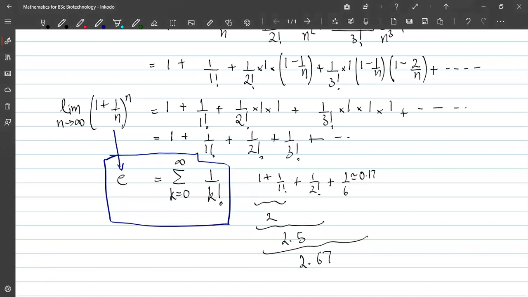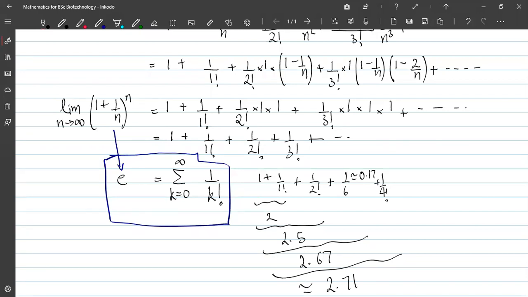Okay, and then you can further add 1 by 4 factorial, which is 1 by 24, which is 0.041. So if you further add 1 by 4 factorial, you'll get 2.71 approximately. Okay.